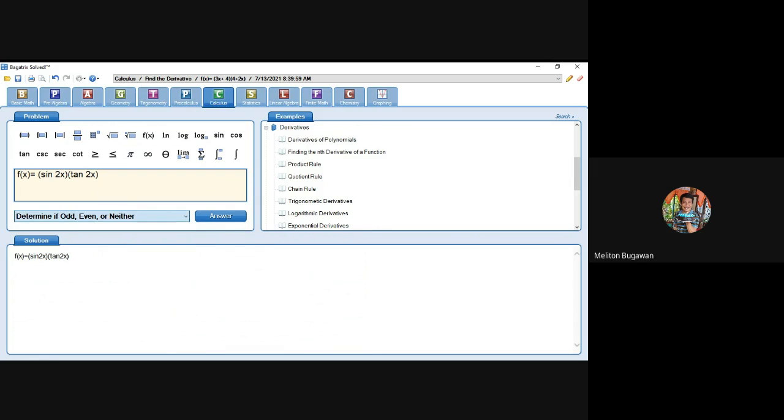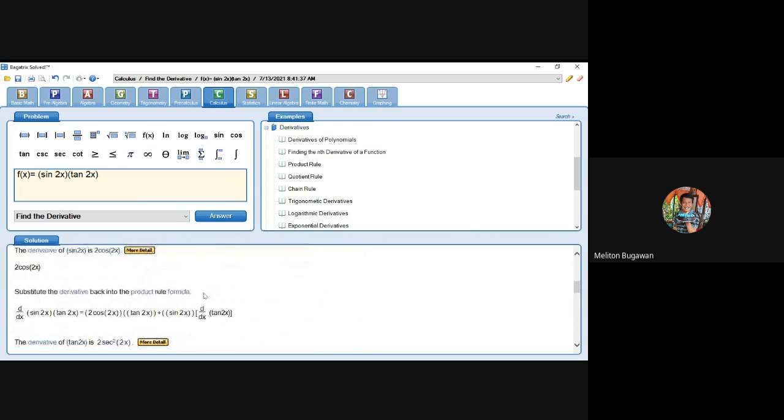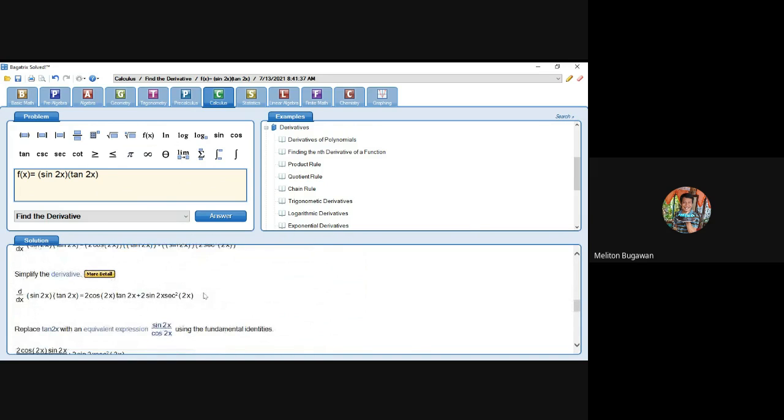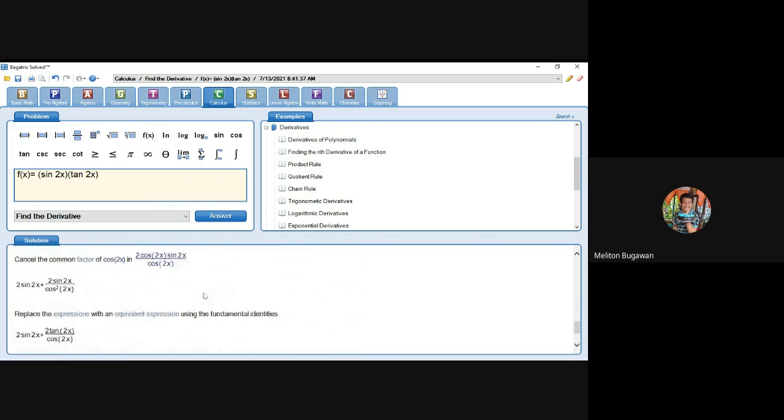We click the arrow down. Here we can find the derivative using the chain rule, or find the derivative using the product rule. But what is asked here is find the derivative, so we click the answer, and automatically it will provide you the answer. However, it is obvious that for this given function we can find the derivative using the product rule. So this is your answer.